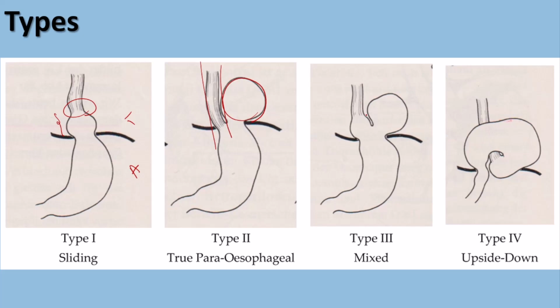In the third type, we have herniation of the gastroesophageal junction along with the stomach into the mediastinum, and in the fourth type, we have herniation of the gastroesophageal junction and also the whole stomach, and along with that, we can have some other parts of abdominal viscera herniated through the esophageal hiatus.